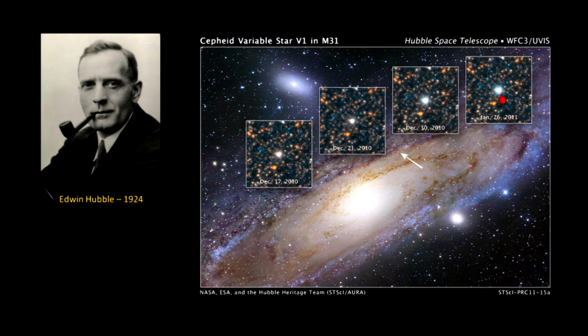By discovering these Cepheid variables, he was able to determine, using the period luminosity relationship, that the distance to these Cepheid variables was several million light years. And that means the thing that contains them is also several million light years away.